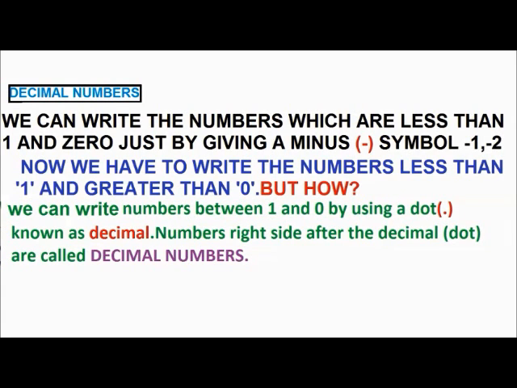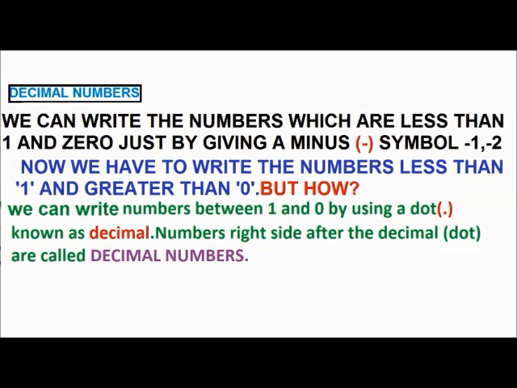We can write numbers less than 0 just by giving a minus symbol, like -1 and -2. Now we have to write numbers less than 1 and greater than 0, that means in between 1 and 0. But how? We can write numbers between 1 and 0 by using a dot known as the decimal.